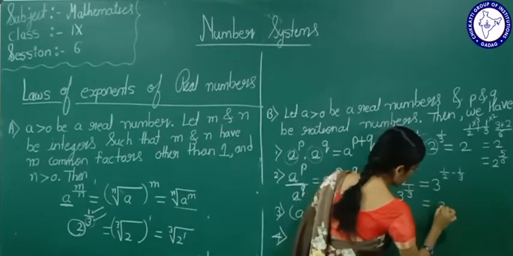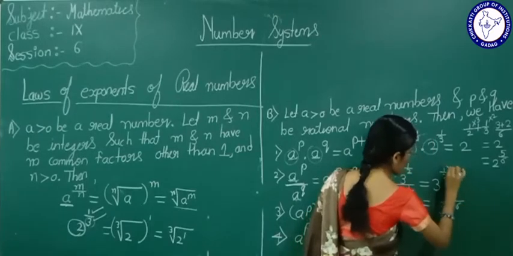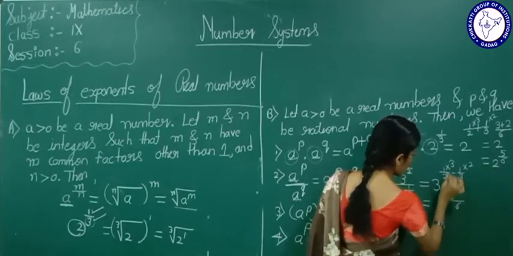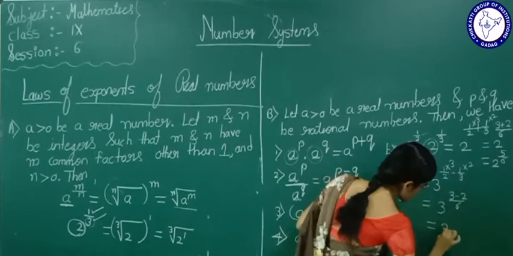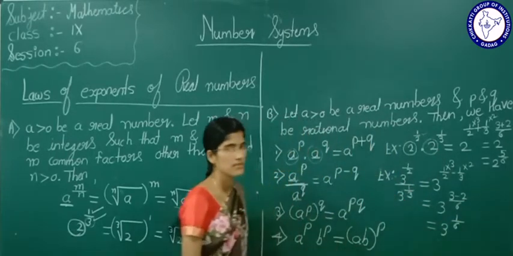The LCM of 3 and 2 is 6. 3 ones are 3 minus 2 ones are 2. It will be 3 raised to 1 by 6.